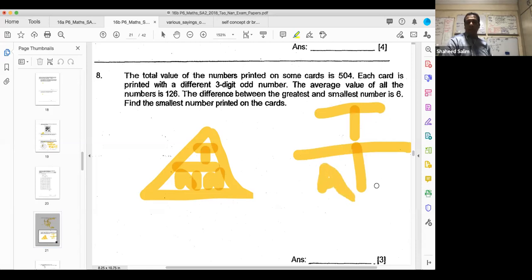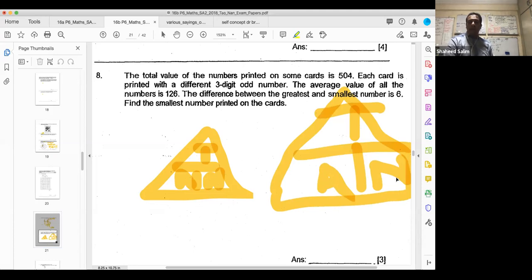Average, number. So if you want to find what total is, average times number. If you want to find average, cover average, total divide by number. If you want to find the number of cards, cover number of cards, it is total divide by average. So the first step you can do is find the number of cards. Can you find the number of cards, please?